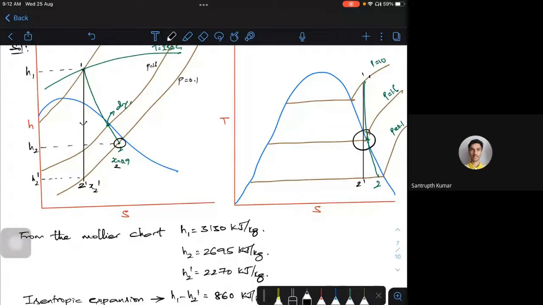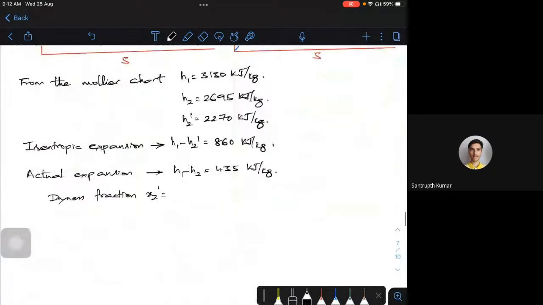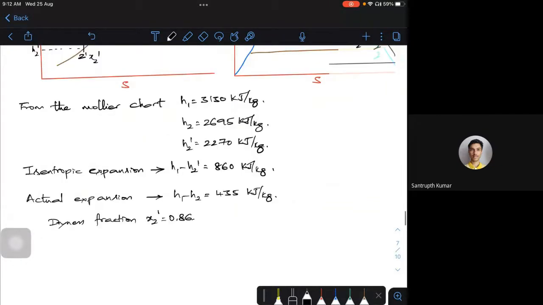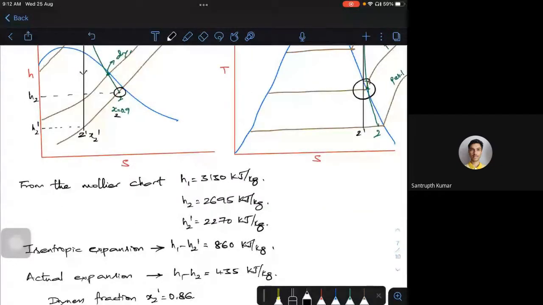Around 0.86, sir. 0.86. Okay, fine. And x2 is 0.9, already given in the numerical.